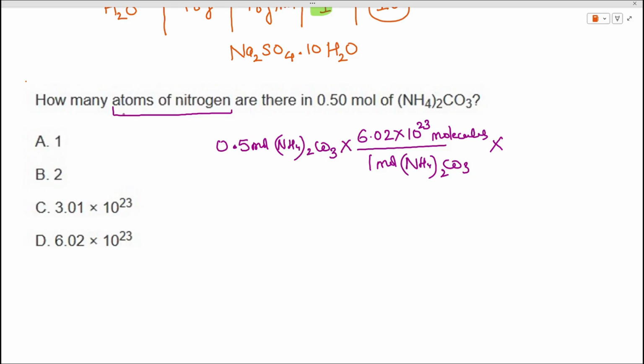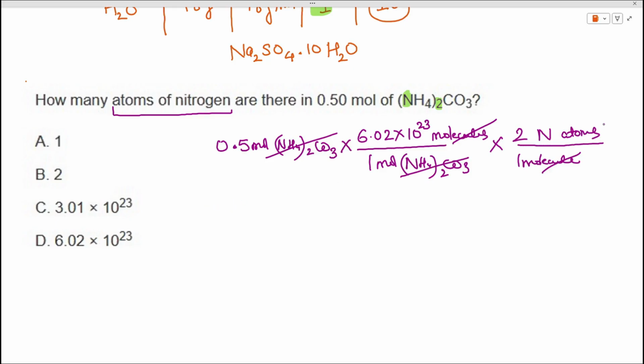And now to get to the atoms of nitrogen, we can see over here one molecule has 2 atoms of nitrogen. So this 2 is applicable for whatever is written inside the bracket. So we will now write that one molecule of ammonium carbonate has 2 nitrogen atoms. So here the moles and moles get cancelled, molecules and molecules get cancelled.